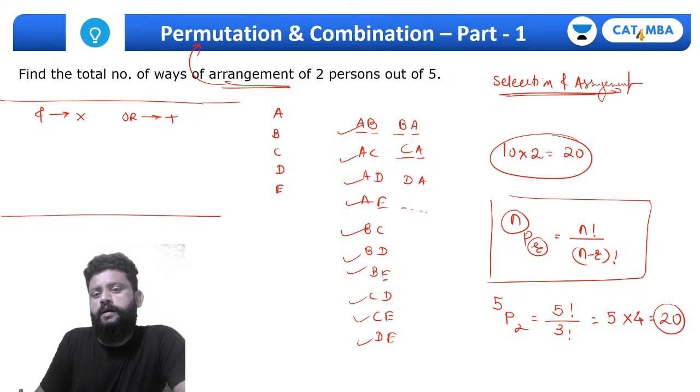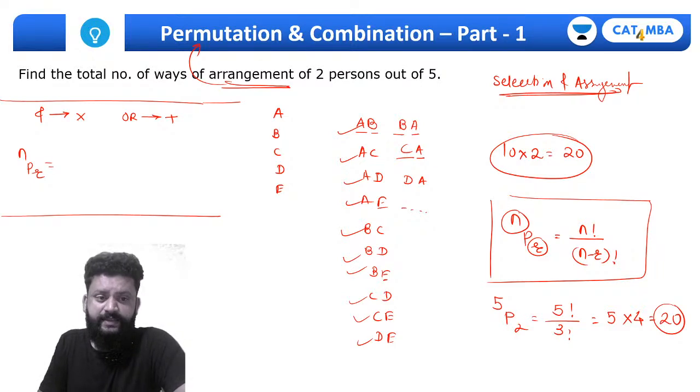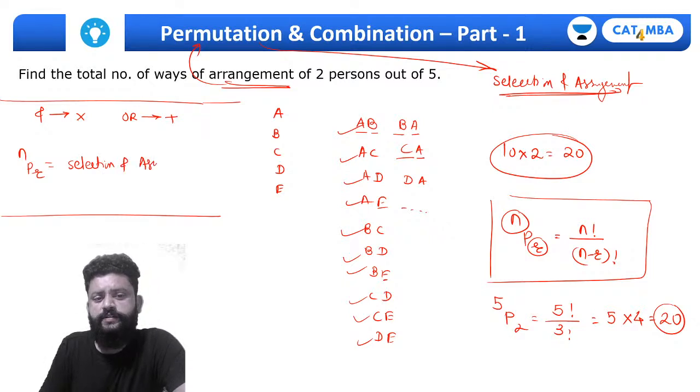Okay, after that we have nPr, that is arrangement of r things out of n things, and I already told you permutation is selection and arrangement, right?